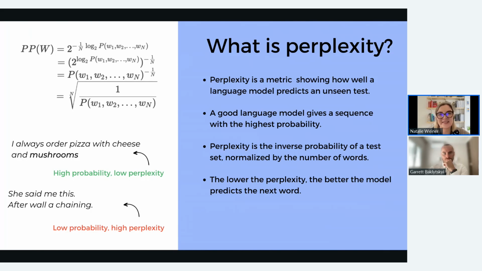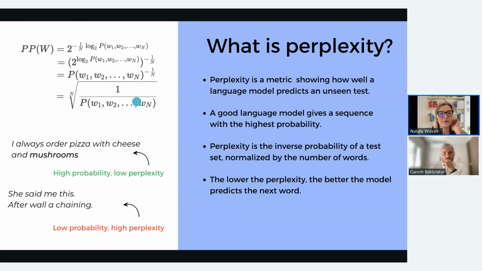Essentially, this shows the quality of the language model. A good language model will predict a sequence with the highest probability, and perplexity is the inverse probability of a test set, normalized by the number of words. So the lower the perplexity, the better the model predicts the next word.